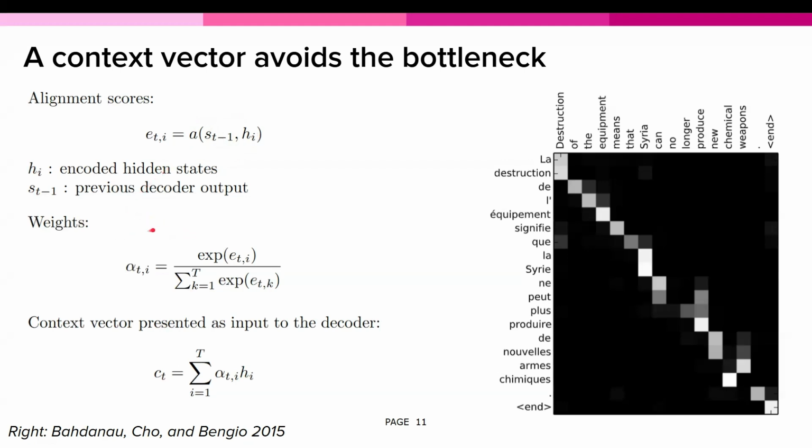And then from there, these alignment scores e are turned into weights by applying a softmax function. This normalizes the scores to assign a weight alpha to each position in the input. And so the result is that each input position has a probability-like weight that reflects its relevance for generating the current output word.